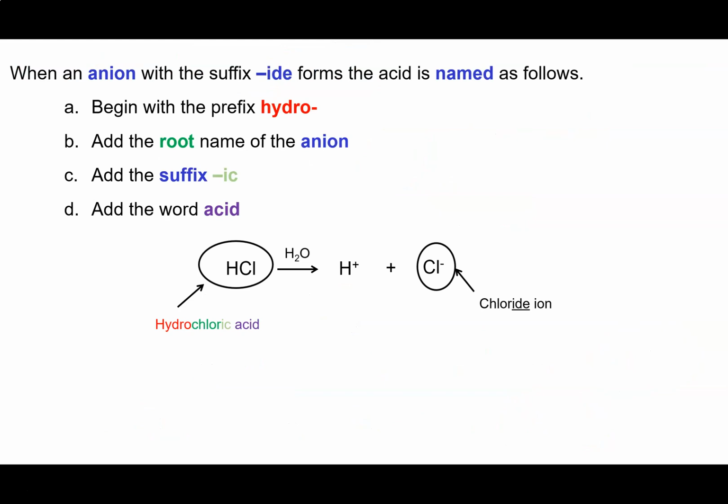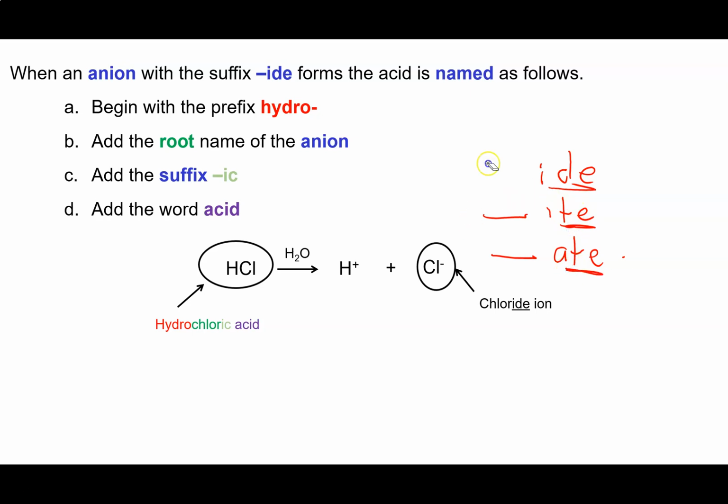So the anions that are formed have 3 endings. They either end in IDE, ITE, or ATE. And the rule that we have for naming the acid depends on how the anion's name ends.